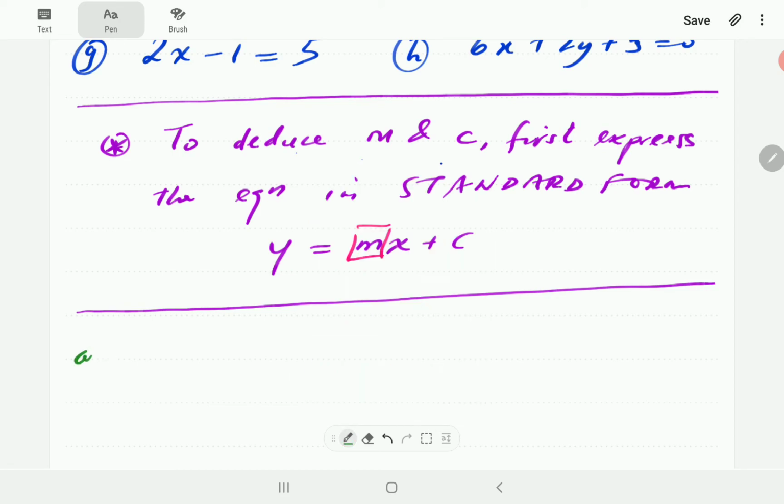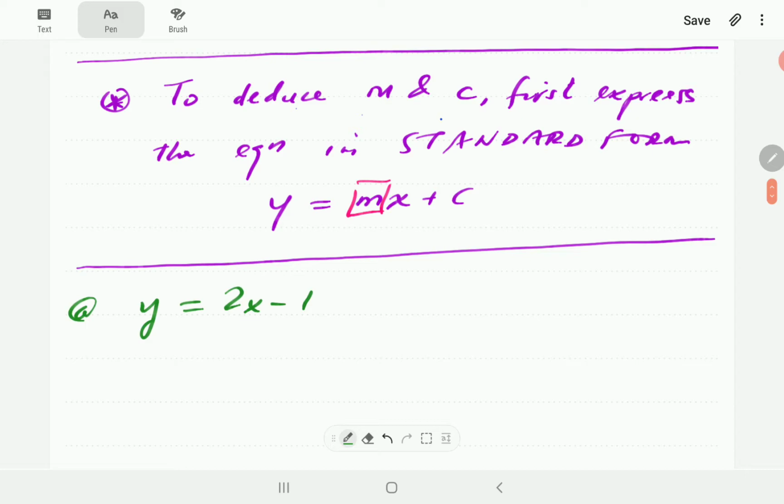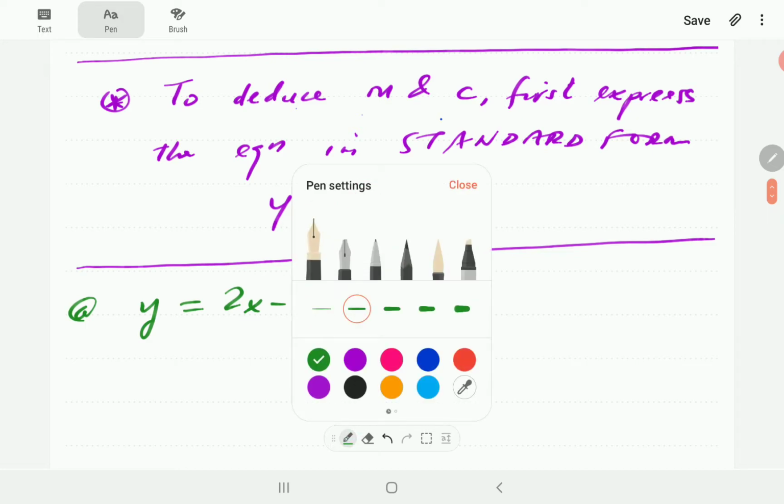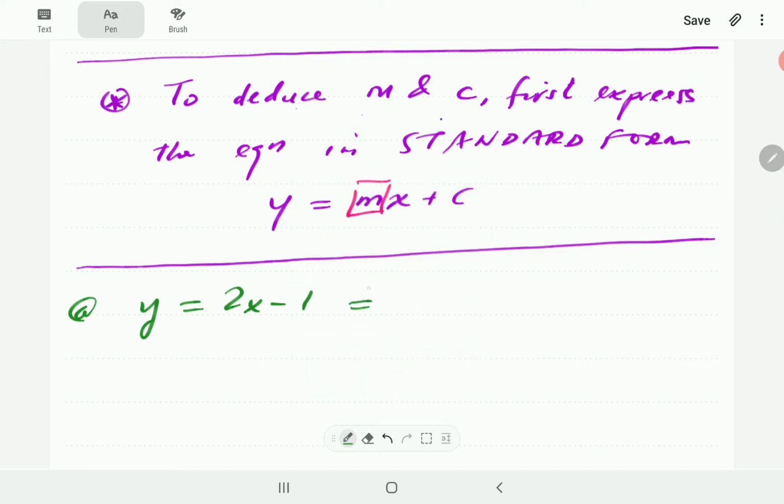All right, so let's see how this works out then. Let's start with A. We've got y equals 2x minus 1. Now, this is already in standard form, because you can see that y is the subject of the formula. So we can just go ahead and deduce m and c. The coefficient of x is 2, so the gradient is 2.